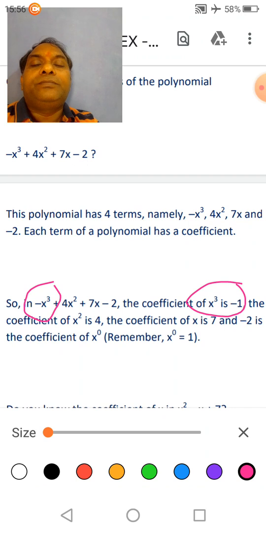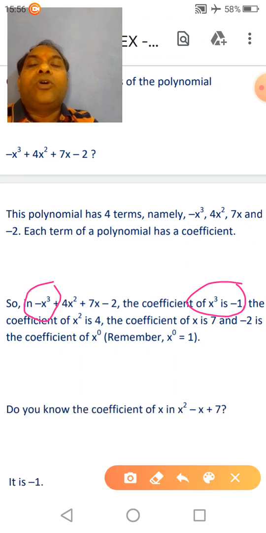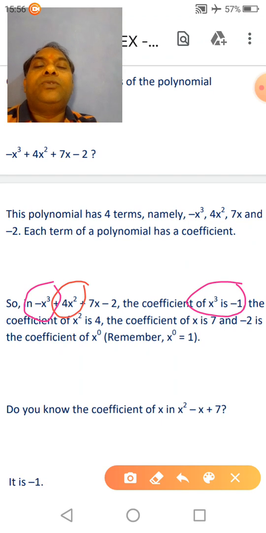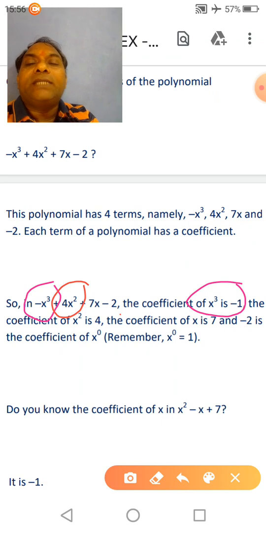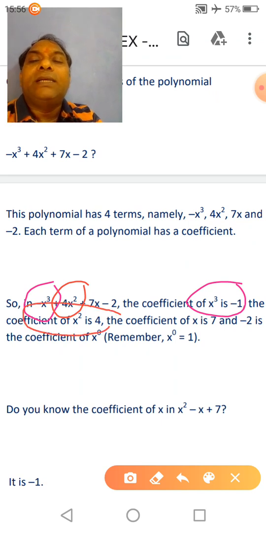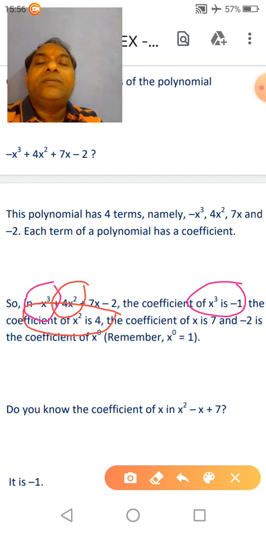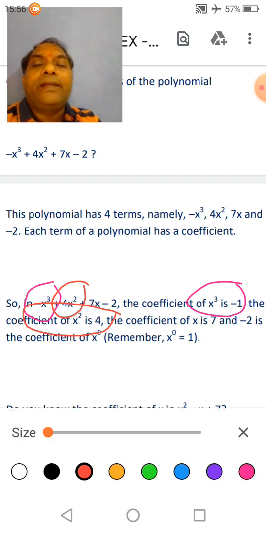Second term of the polynomial is 4x square. So coefficient of x square in second term is 4. Clear?